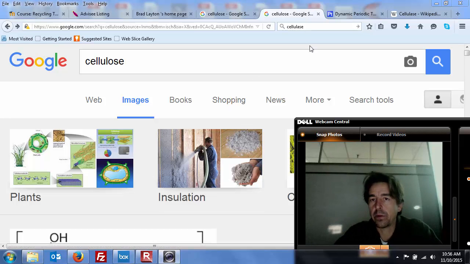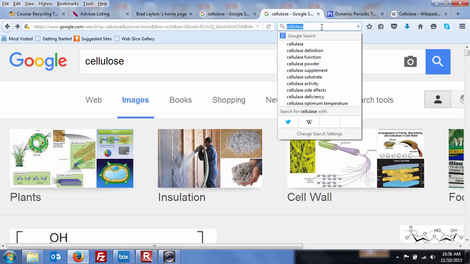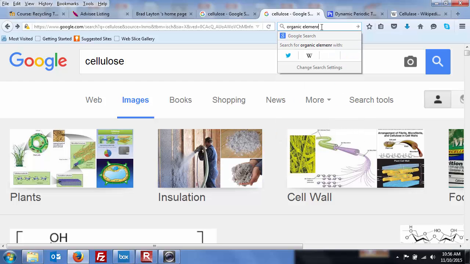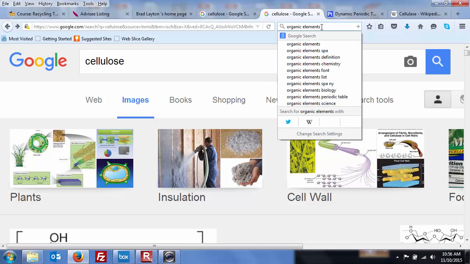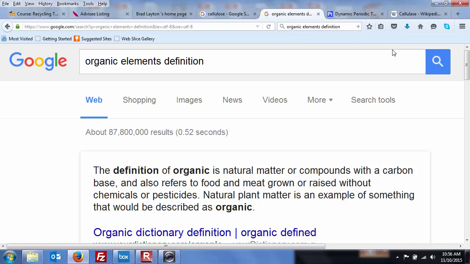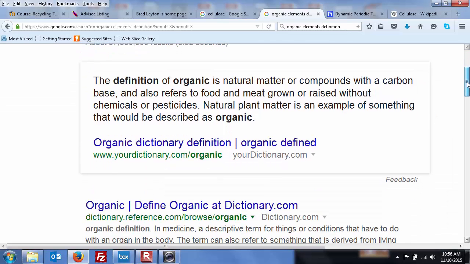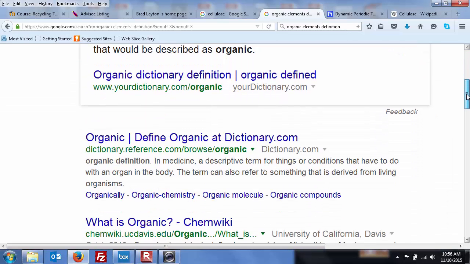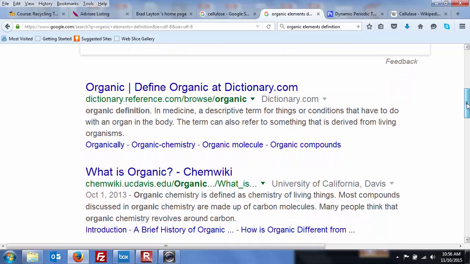Now I want to go into all of the organic elements, and there are more than you think. Let's just look up the definition. And I'm sure everybody's going to have their own little definition. Let's go into ChemWiki.